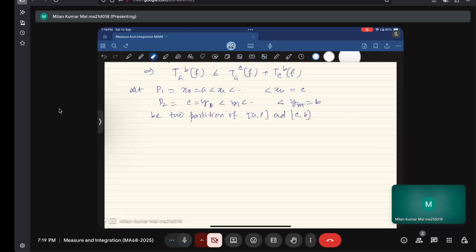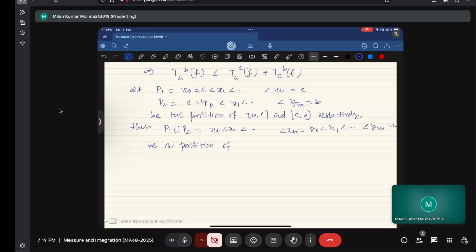Then P1 union P2, which is x0, x1 all the way to xn = y0 < y1 all the way to ym, is a partition of m plus n nodes.